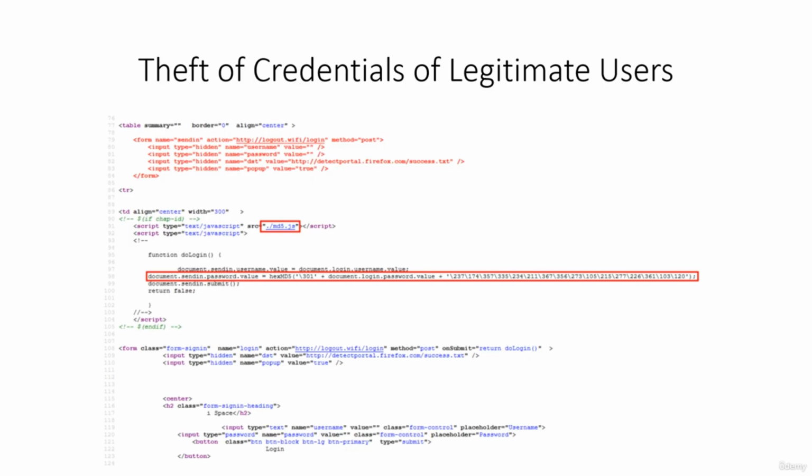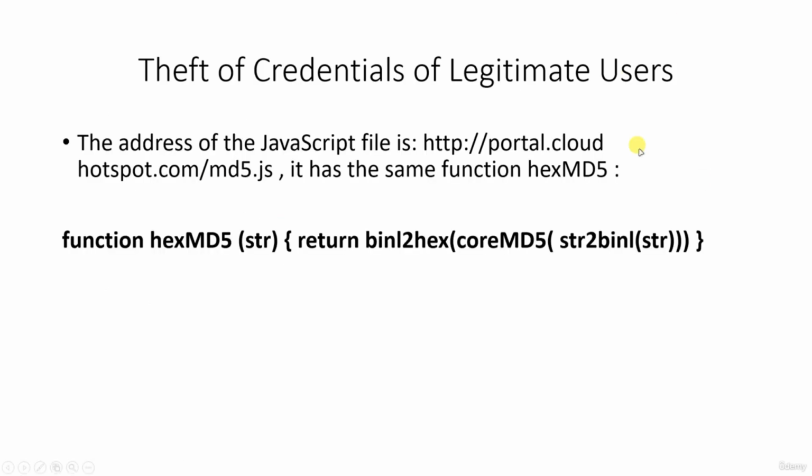The address of the JavaScript is like portal.md5, which is this one, portal.cloud HTTPS. It has the same function as hex MD5. So apparently the password is first converted to a binary string, then its MD5 hash is computed, then the binary string is converted to hexadecimal.